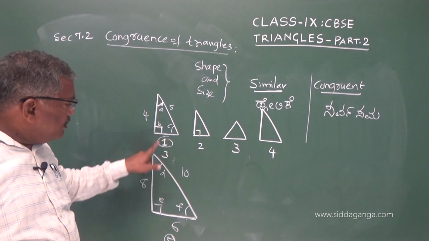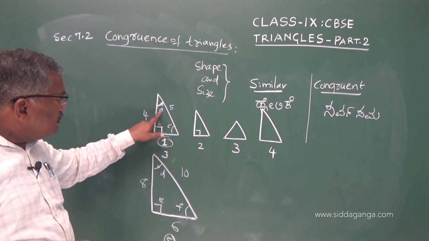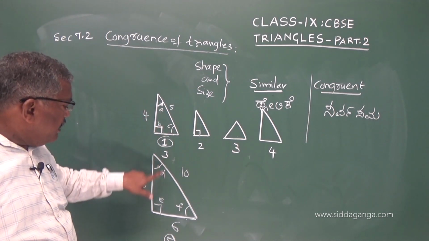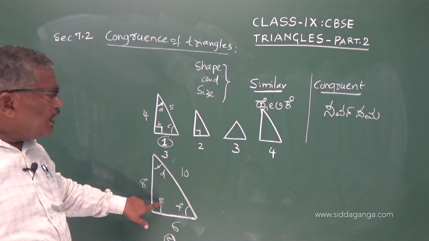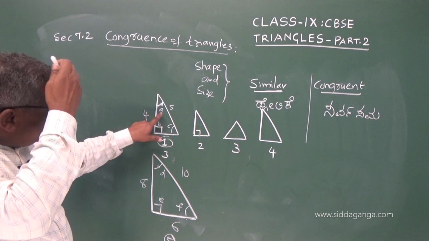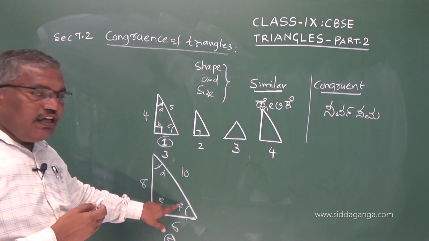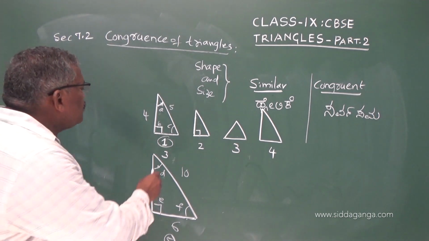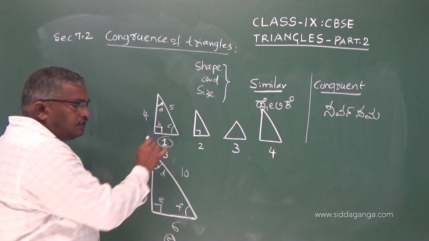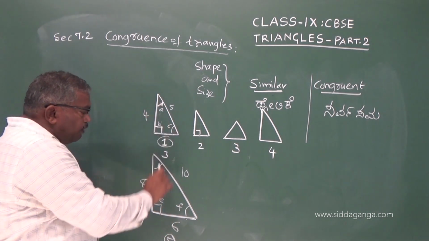Shape is similar means the corresponding angles are equal: this angle B corresponds to angle E, vertex A corresponds to vertex D, and C corresponds to F. So the corresponding angles are equal in these two triangles and the corresponding sides are proportional.